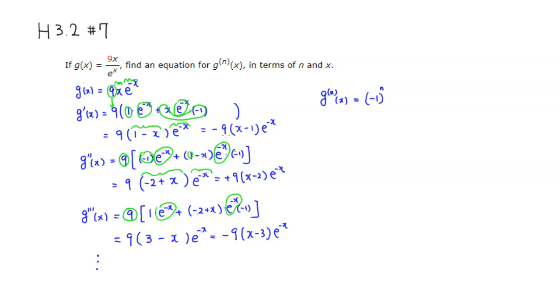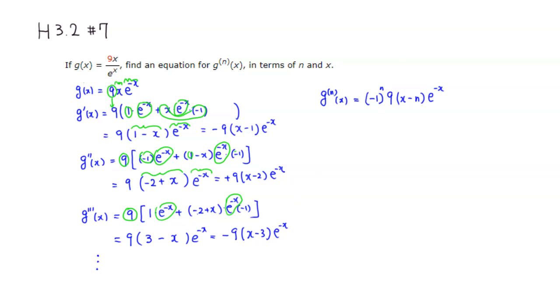Then everyone has 9, everyone has x, and everyone has minus. First derivative is 1, second derivative is 2, third derivative 3, so the nth derivative would be x minus n. Then everyone has e to the negative x. So that would be the formula.